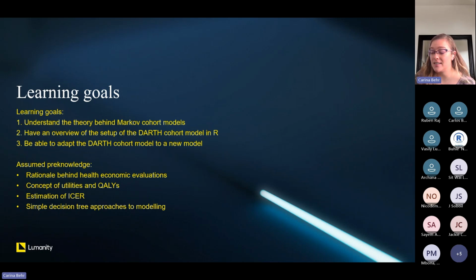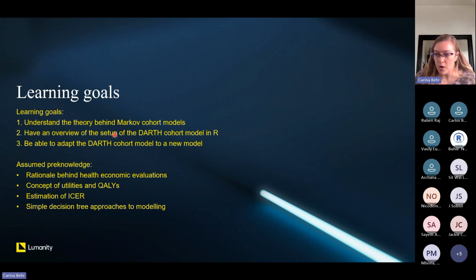So we will do a brief look at Markov models and the theory behind it. I won't go into too much detail given our time limitations today. And I will give you an overview of the setup of the DARTH cohort model in R. DARTH is a working group, and they developed quite a few different templates that they've also published, and it's available freely, so you can use it and adjust it according to your needs.